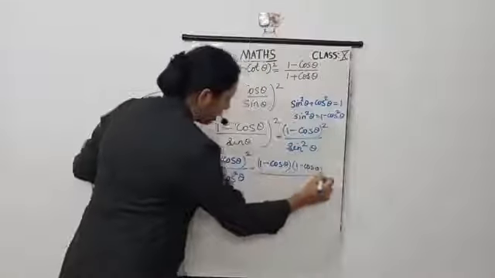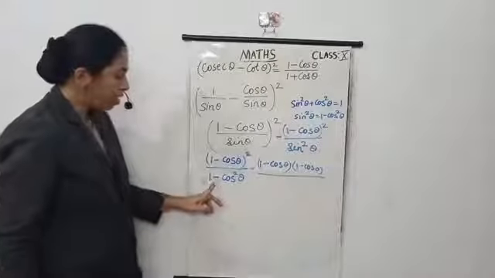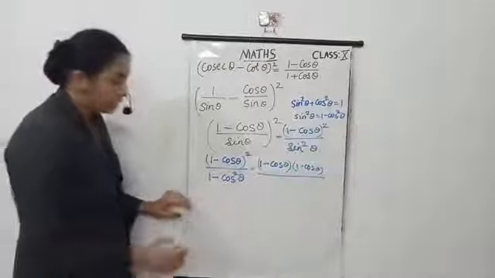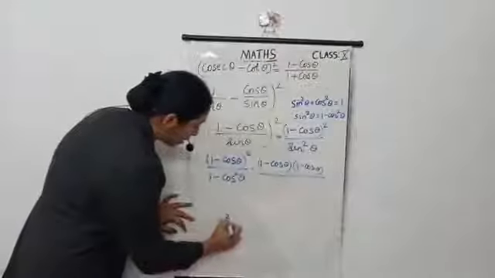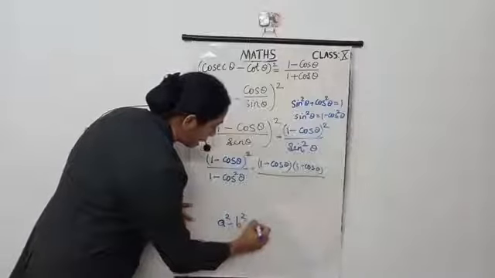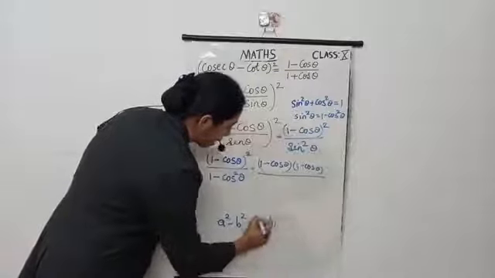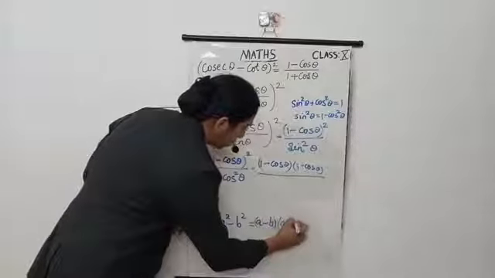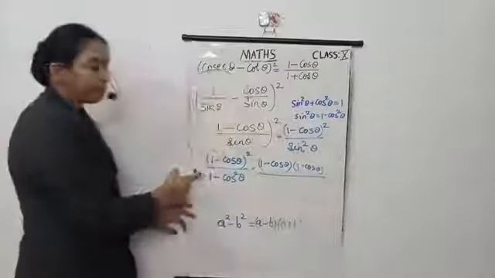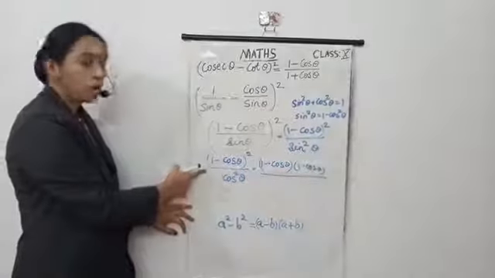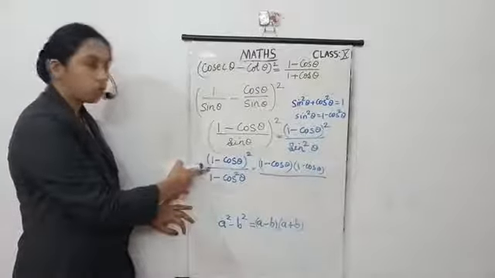And the denominator is 1 minus cos square theta, that is like a square minus b square. a square minus b square is (a minus b) into (a plus b). So here 1 we can consider as 1 square. 1 square is 1 itself.